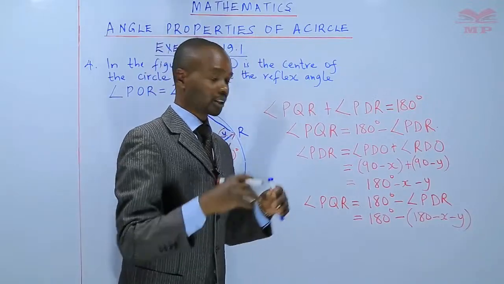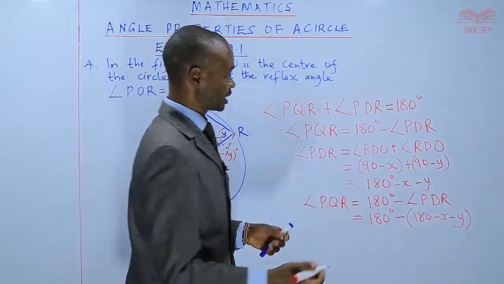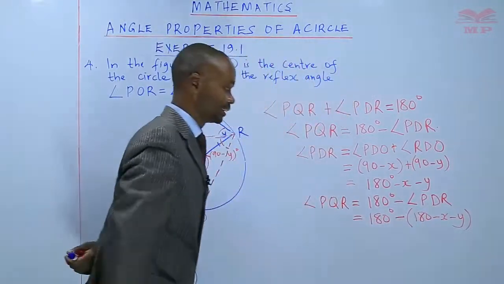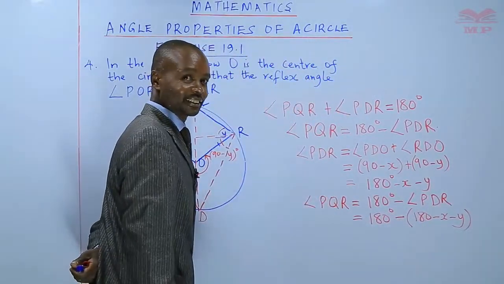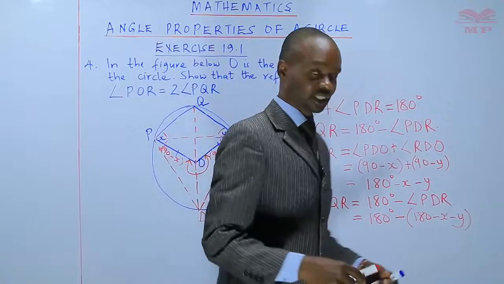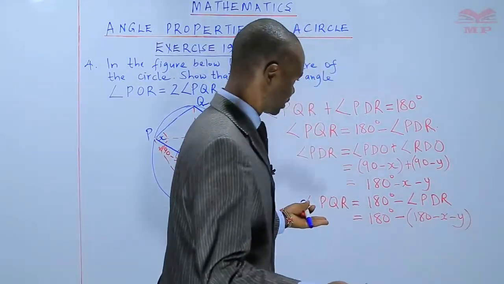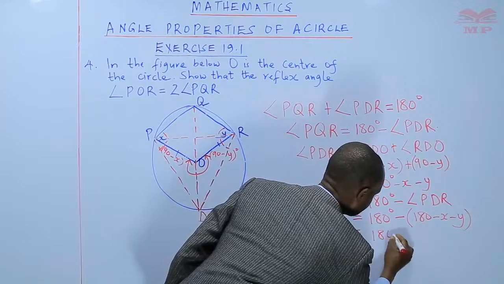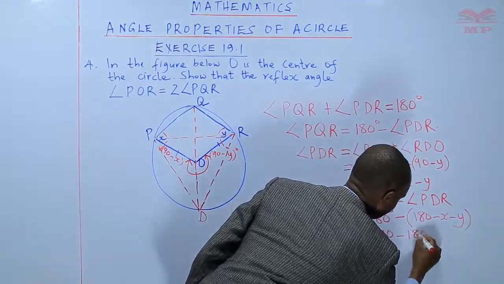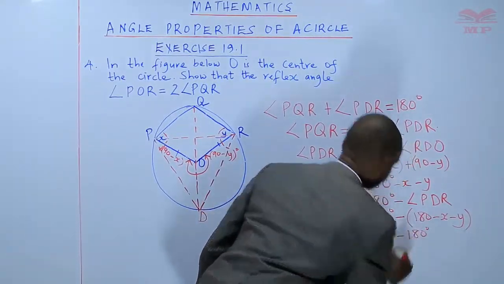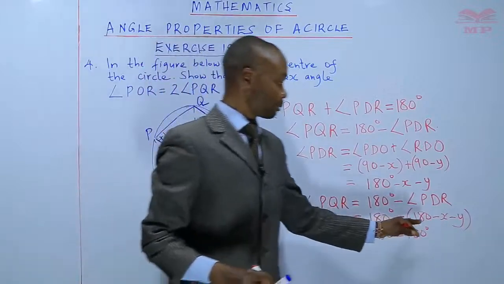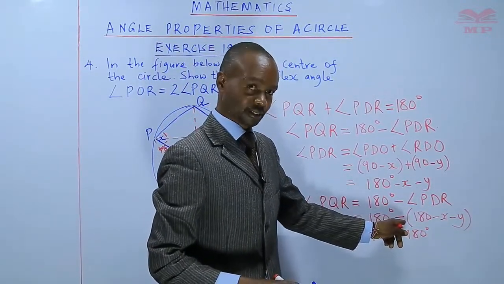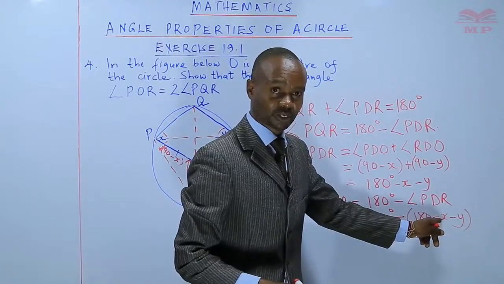When you are opening the brackets here, it will be 180 minus 180. What do you get? 180 minus 180, it will cancel out. So you'll eventually have 180 minus 180 degrees. When you are opening the brackets here, we have minus. A minus times a minus, we get a positive.